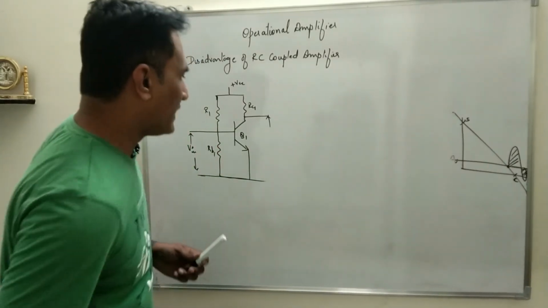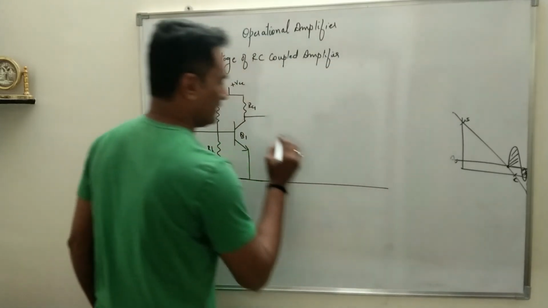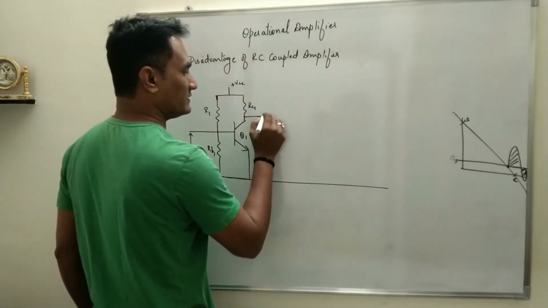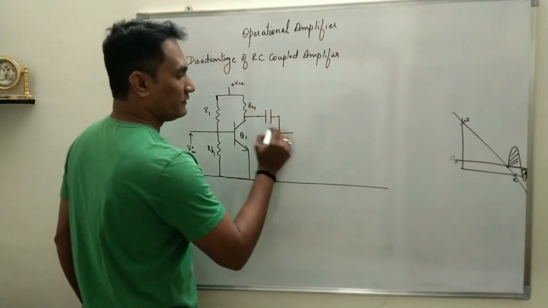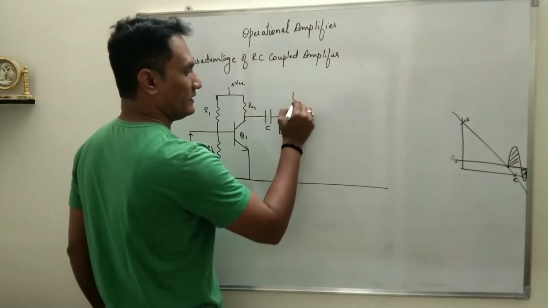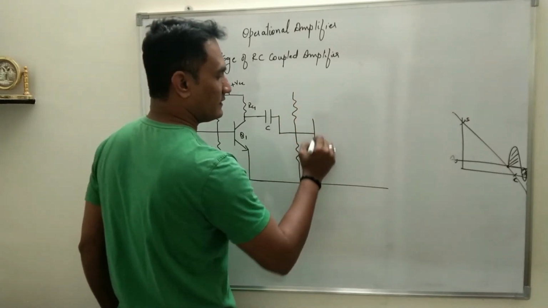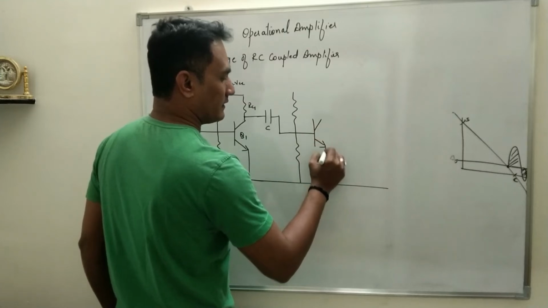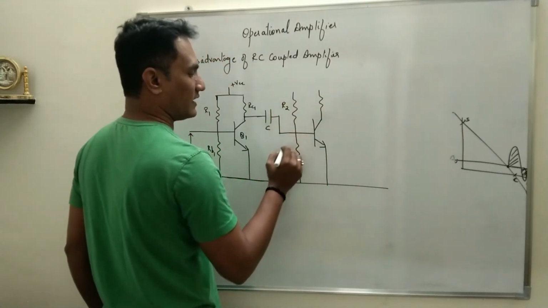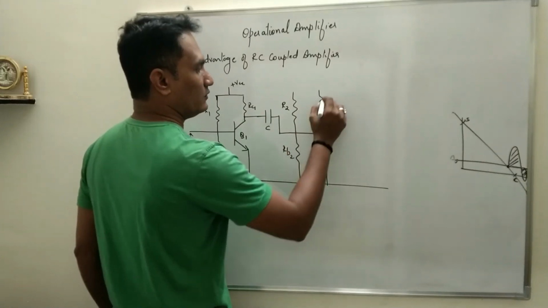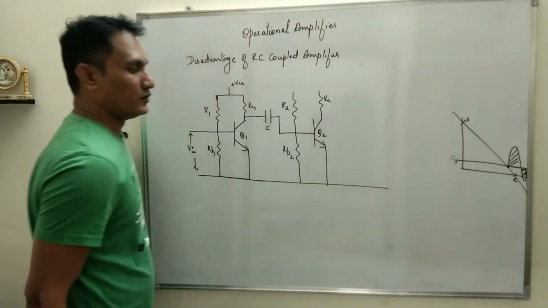In an RC coupled amplifier, the output of the first stage is connected through a resistance and a capacitor to the input of the second stage. Again, a biasing resistance and a transistor. I will call these R2, RB2, RC2, and let this be transistor Q2.